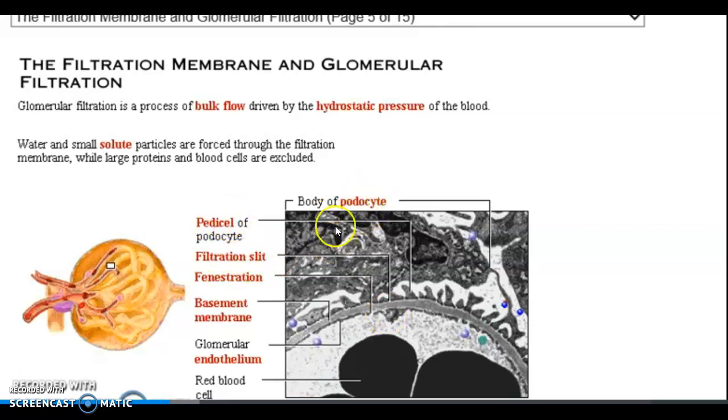Now, I know that's a lot, but the main thing you need to know is it goes through the fenestrations of the endothelium, through the porous basement membrane, and through the filtration slits of the outer cells, which would be the podocytes.